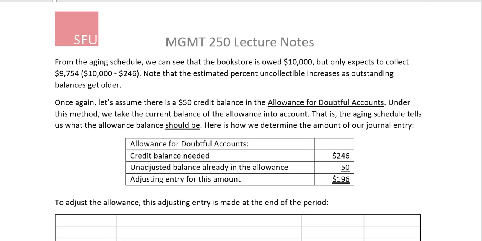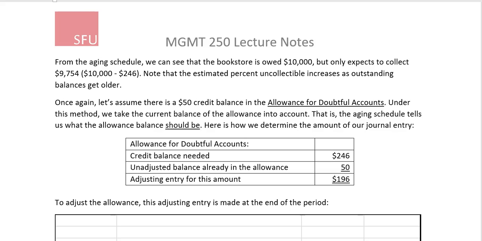From the aging schedule, we can see that the bookstore is owed $10,000, but only expects to collect $9,754, which is 10,000 minus 246. Again, 246 is the amount which should be in a bucket of water for AFDA. Note that the estimated percent uncollectible increases as outstanding balances get older.